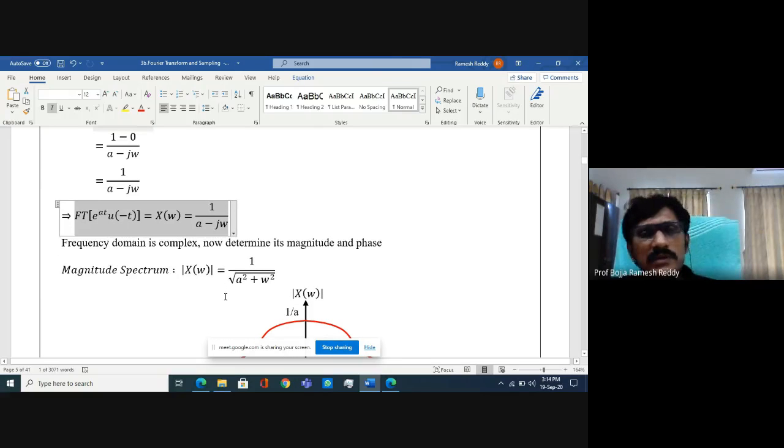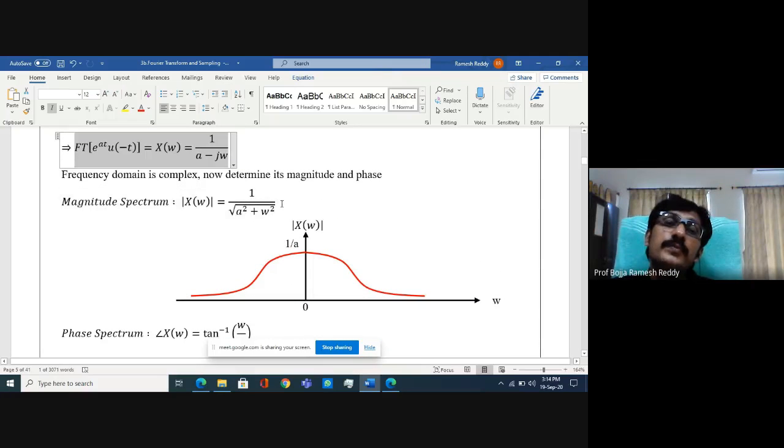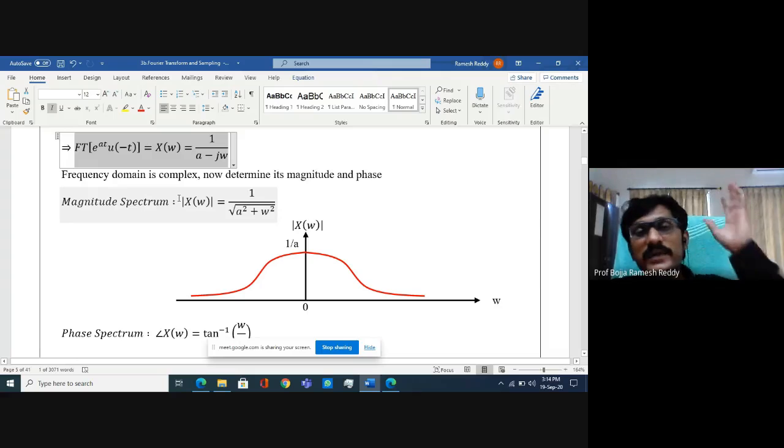Now, once again, see, it is complex form. Every complex expression can be represented as real part plus imaginary part, and we evaluate its magnitude spectrum by taking the modulus of X of omega, which is 1 by root of a square plus minus omega whole square, that is omega square only. Means the magnitude spectrum of right-sided signal or left-sided signal, causal signal or anti-causal signal, for both signals, the signal is different actually.